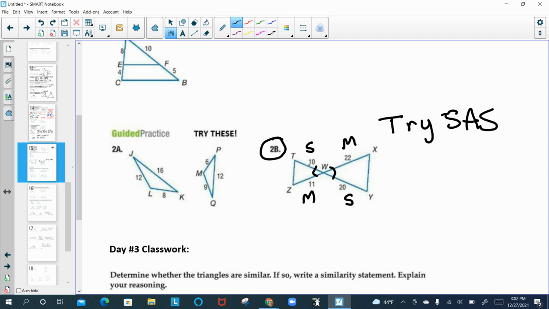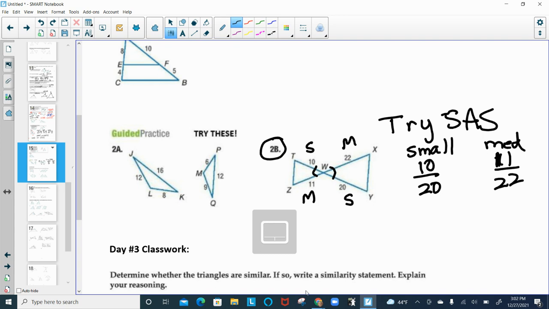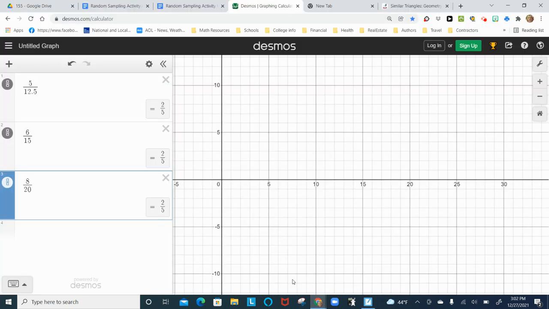So here I'm going to pair up the two small sides. So the 10 and the 20. And the medium sides, the 11 and the 22. That should be a 1. And then I'm going to type those into Desmos and make sure that they're the same scale factor.